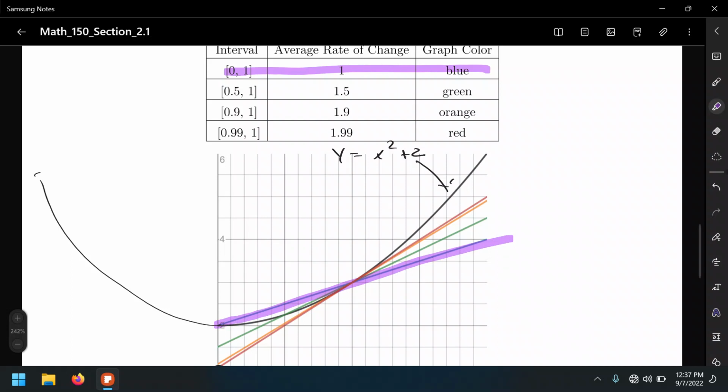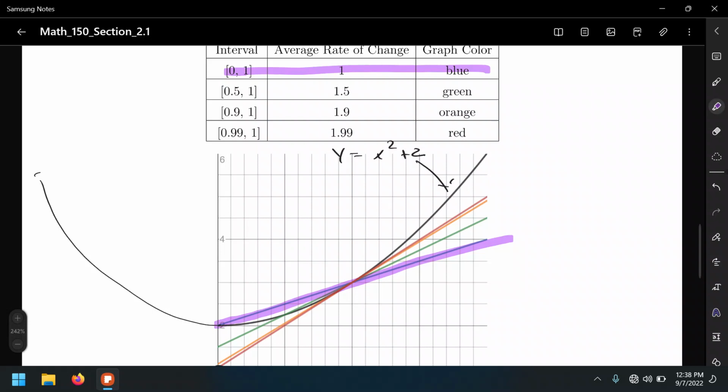And on the next line will be the green line. The green line goes from 0.5 to 1, that is that slope. These 2 points are getting closer as opposed to the blue one.